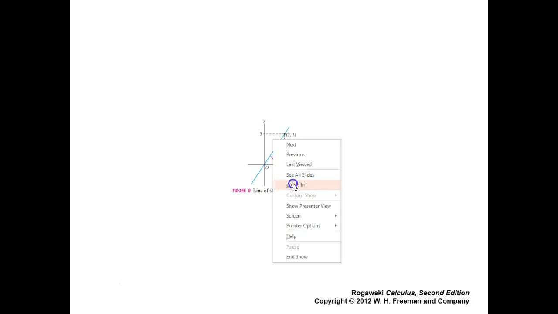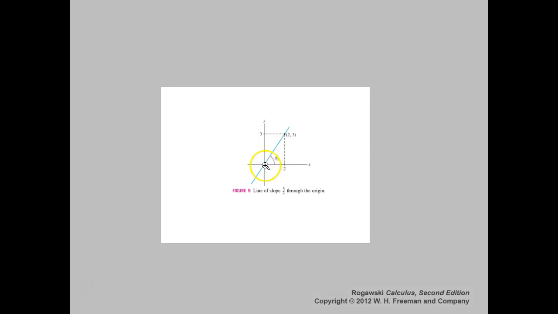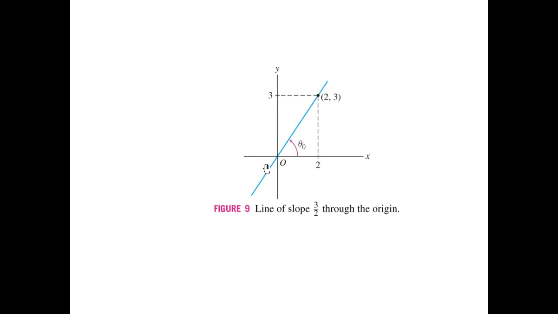Now, here's another line. A line with a slope of 3/2 through the origin. We know if the slope is 3/2, then the tangent of theta must be 3/2. So theta naught would be the arctangent of 3/2.